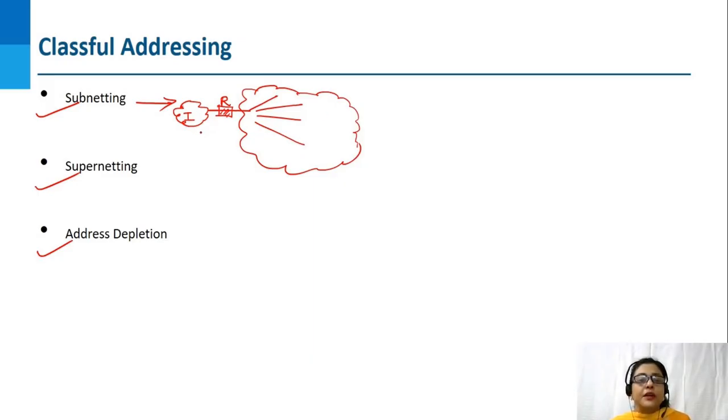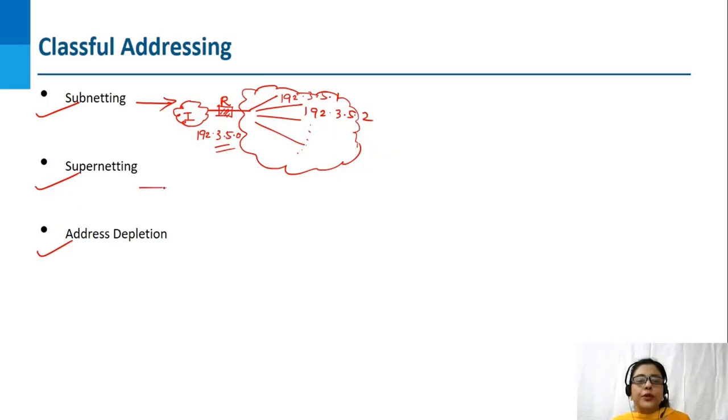Here there may be a single address, let's say 192.3.5.0. If this is the network address that is allocated to a particular organization which is connected to the internet through this router. Now, internally there can be many addresses like 192.3.5.1, 192.3.5.2 and so on. So this is known as subnetting.